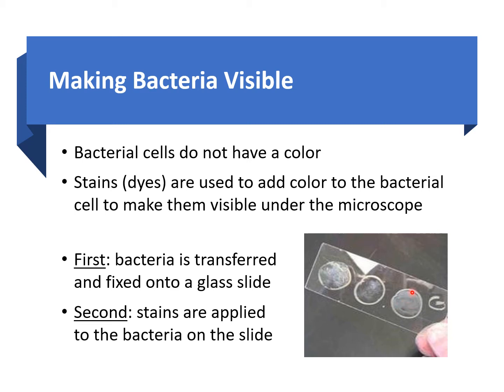You want to make sure that you spread your bacteria evenly onto the slides. And this is super important because if your smear is not thin and even, then you're not going to get good results when it's time for you to view your specimen under the microscope.